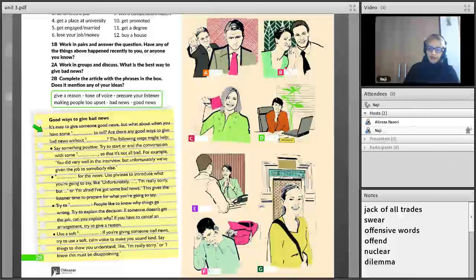And number 7, the bad news actually is that the man lost his job, but on the other hand, he got $30,000 and he's going to travel around the world with this money. Okay, good.